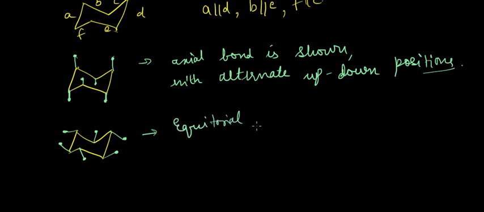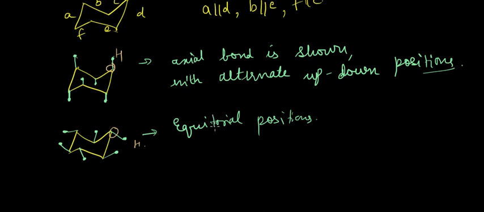So equatorial positions are also alternatively up and down, as was the case with axial. So one hydrogen attached on this carbon atom would be axial and the other would be equatorial. Similarly for all the remaining 5 carbon atoms.